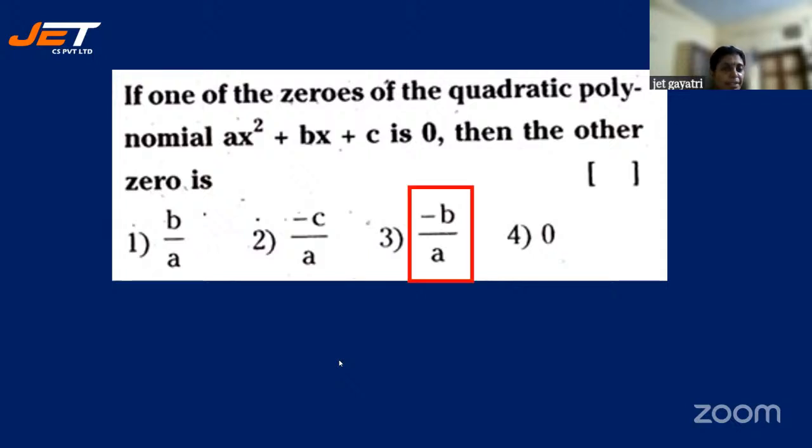Okay. It is option 3 because the coefficient of x, that is b, it should be minus b by coefficient of x square, that is a, isn't it? All right. So please change your answer, students. You should not go wrong in this. Very easy question.